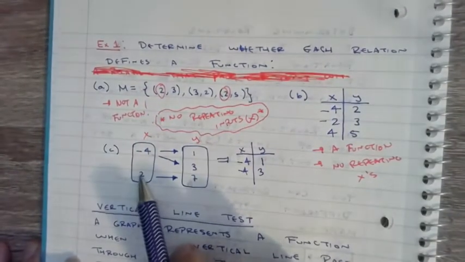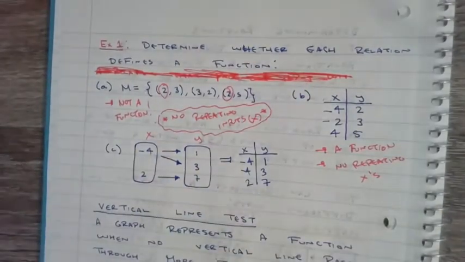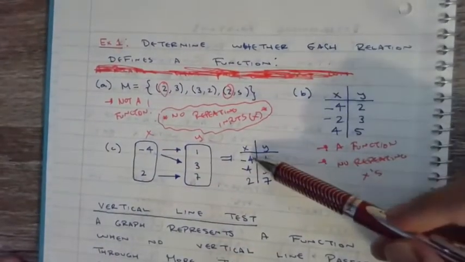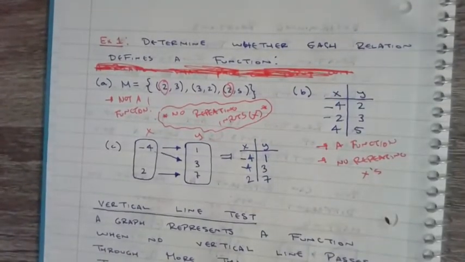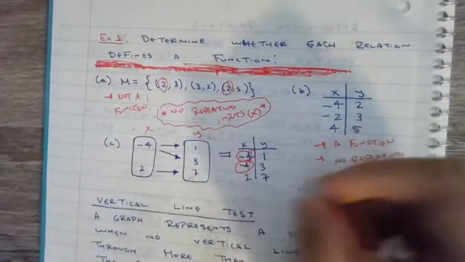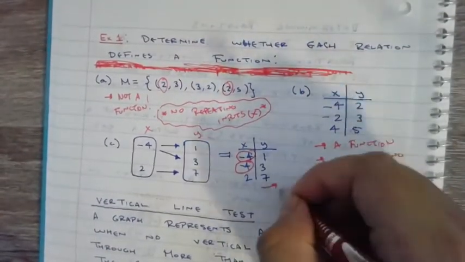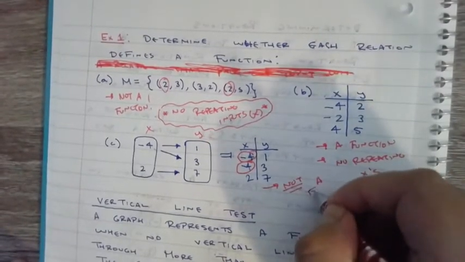And then your last one, 2 goes to 7, so you have 2 and 7. Now, let's take a look at our x's. We have -4, -4, and 2. We have repeats. We have a -4 and a -4. So this means that this is not, and I repeat, it's not a function.